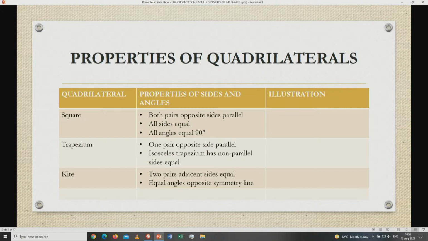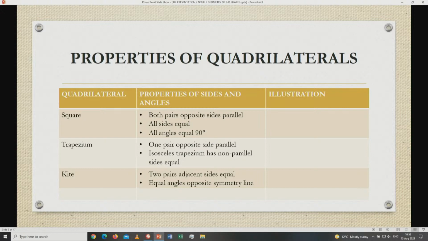If this is classified as an isosceles trapezium, it means that there won't be any sides that are parallel. Last one, guys, there is a kite. A kite has two pairs of adjacent sides equal. There comes this word again, adjacent. Can you see there, guys? Now, if you did not take notes, it would be a problem to understand.